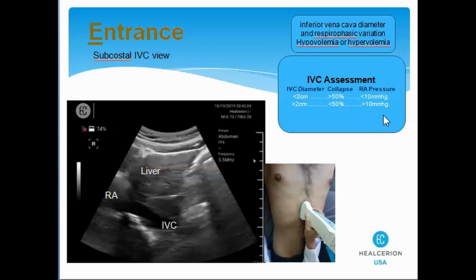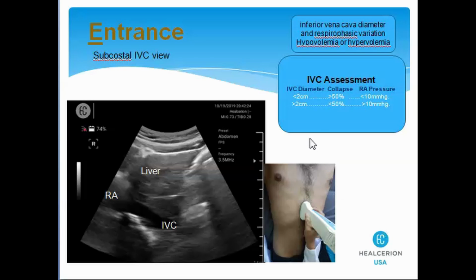So this is a table which shows you the estimate of the central venous pressure. Giving fluids to a patient in which the IVC is very much dilated with the loss of 50% of collapsibility is not a good idea.